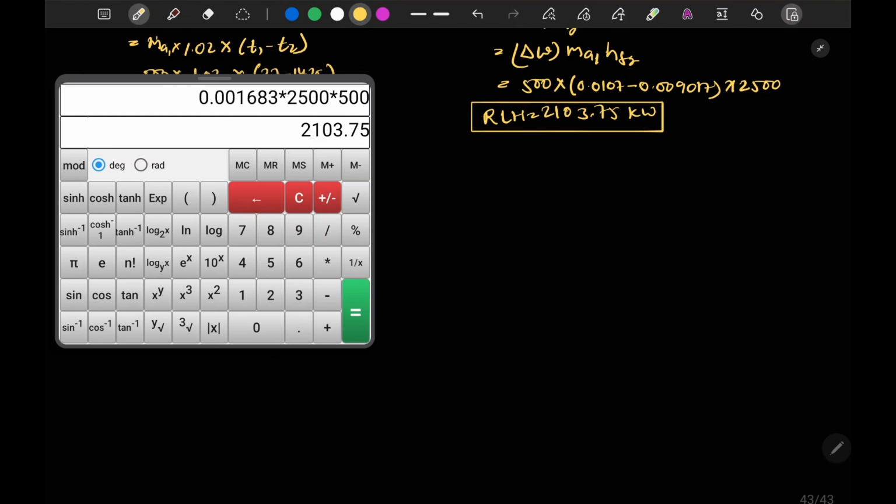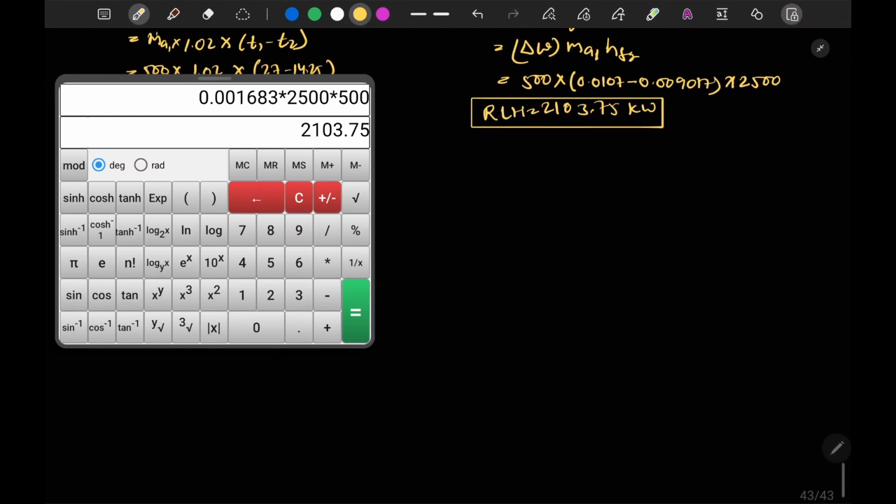Next, we have to calculate the condensation rate, but before that, the cooling load. The cooling load comes from heat transfer between 1 and 2. So the cooling load QL should be H1 minus H2, but we can write it in terms of room sensible heat plus room latent heat.